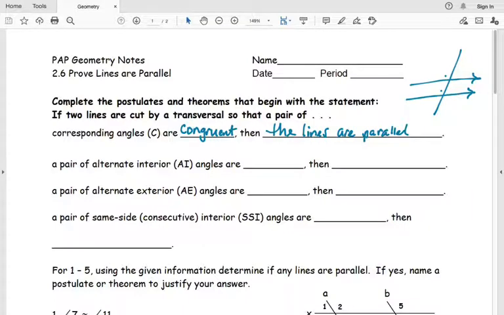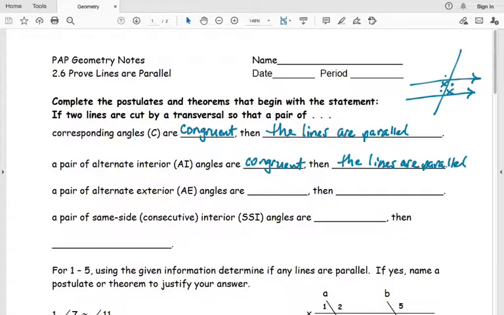All right, so the next thing says if two lines are cut by a transversal so that a pair of alternate interior angles are congruent, then we know the lines are parallel. Okay, so this would be an alternate interior angle with this one, or these would be alternate interior angles.